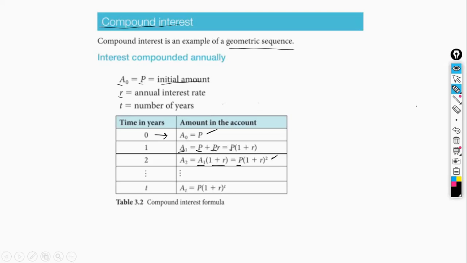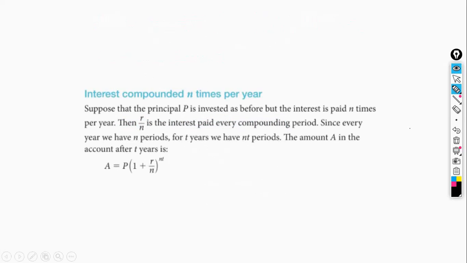So notice that you get a general formula where t is time, and after a certain number of years, the money you would get back would be the principal times 1 plus the rate to the power of t, t being time. Then we have the case of interest compounded n times per year. So compounded interest more than once per year has a different formula.